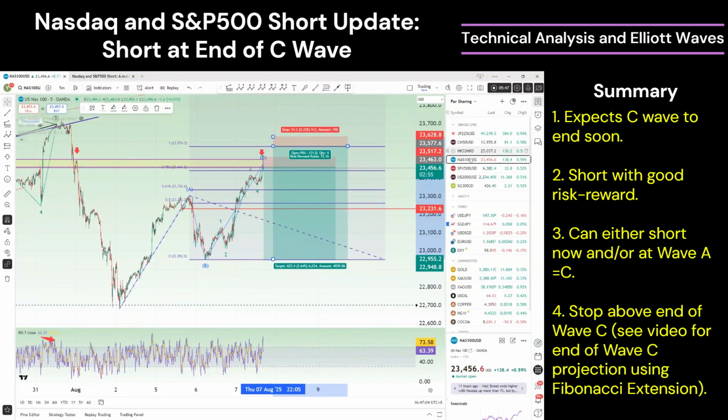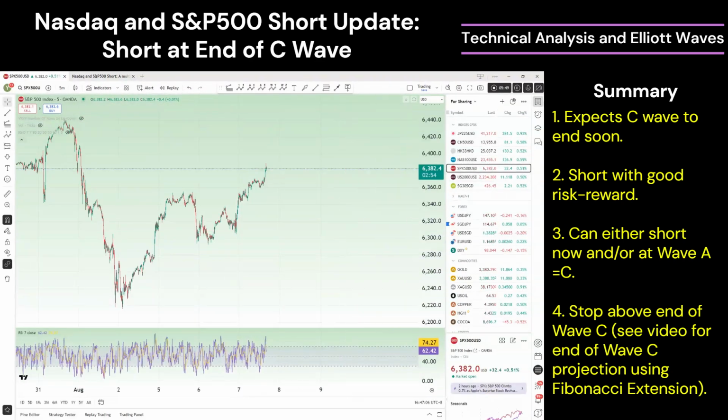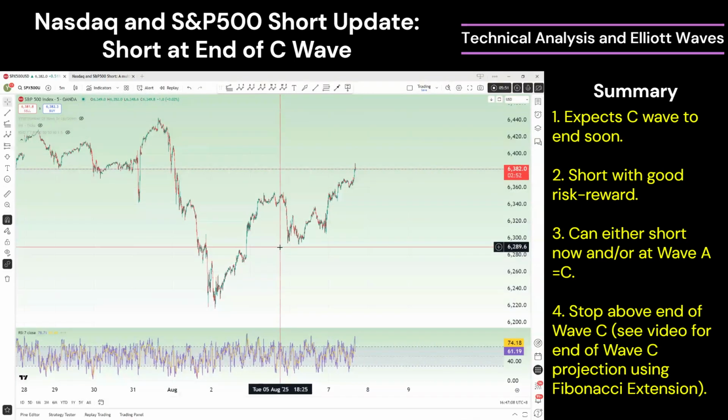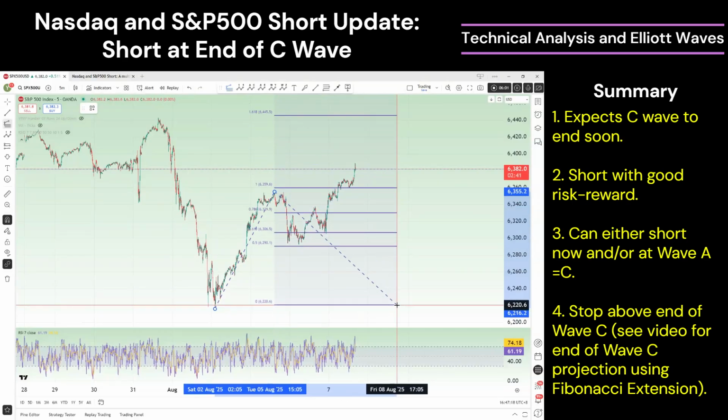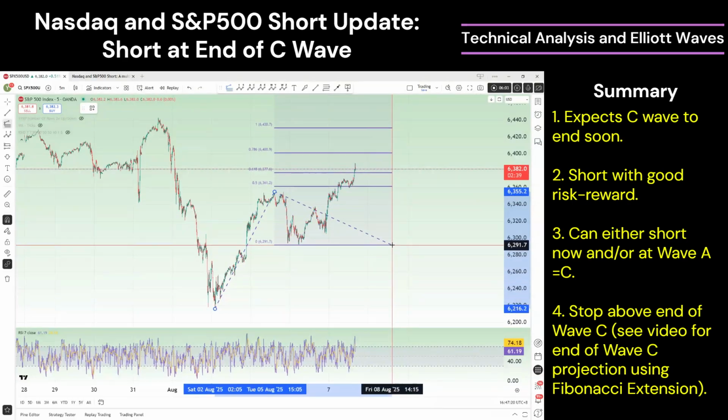Now let's look at S&P 500. For S&P 500 itself, we also try to look for the same relationship. Wave 1 to wave 5, no. Wave 1 and C, this is even worse, I think. Slightly worse.